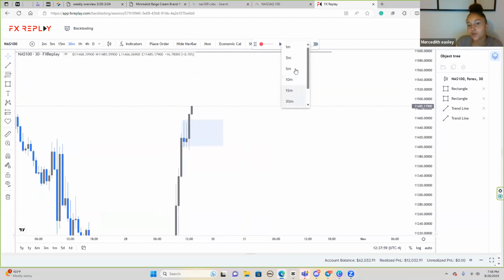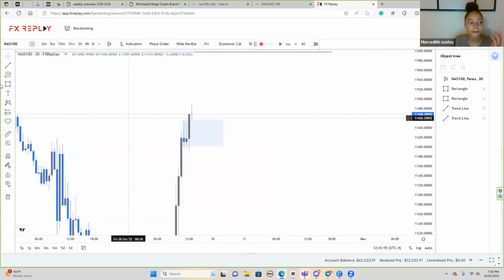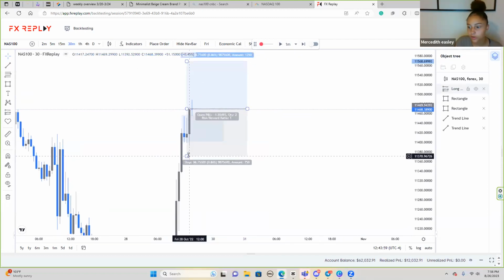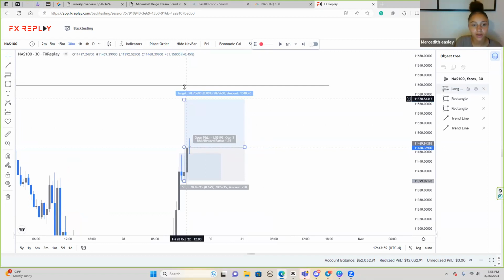Something cool about this, it literally moves in live time. If you put it at the slowest, look at that. It literally moves in live time. How cool is that? Let's say you wanted to enter this, you would just do a long position here. Let's say this is where you want to put your stop loss, and this is where you want to put your take profit.